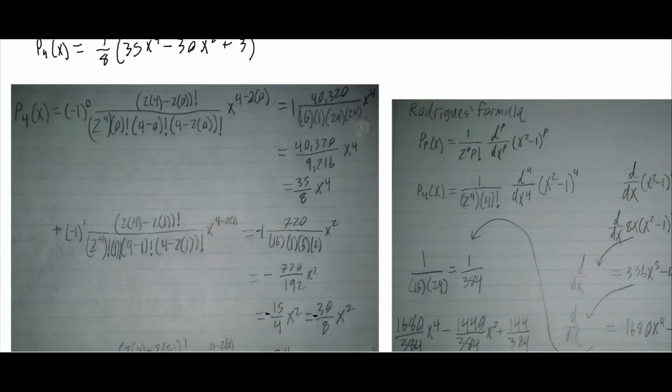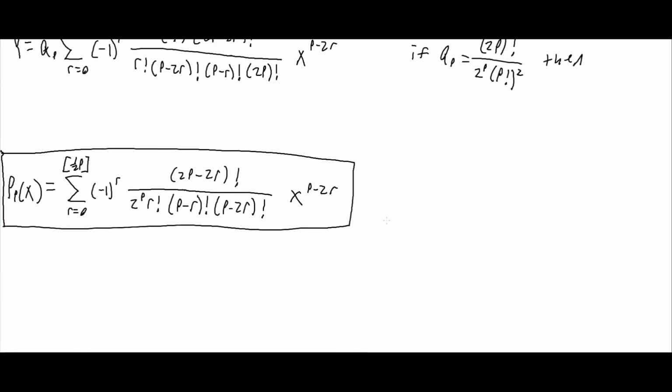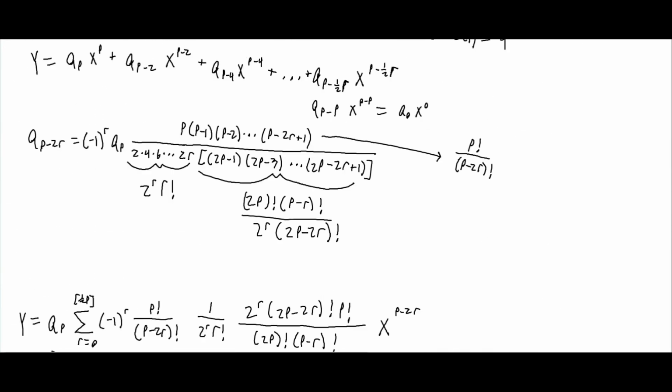So this is the polynomial of the fourth degree. We see if we look at the Wikipedia here, if we look at the fourth Legendre polynomial here, that's exactly what we get: 1/8 times 35x to the fourth minus 30x squared plus 3. And so using this formula that we got here, using all of this up here.